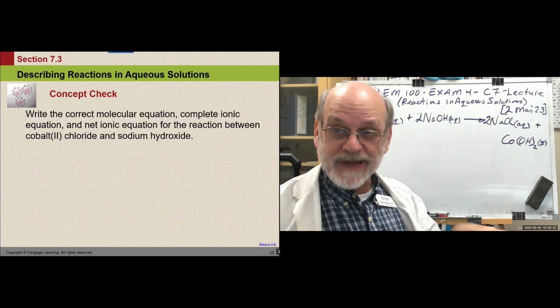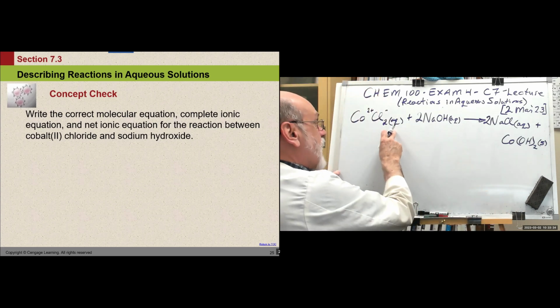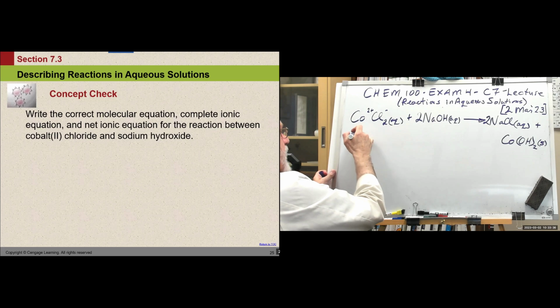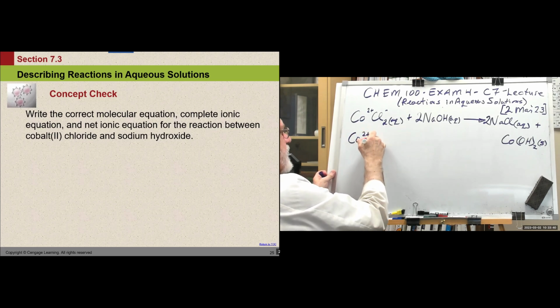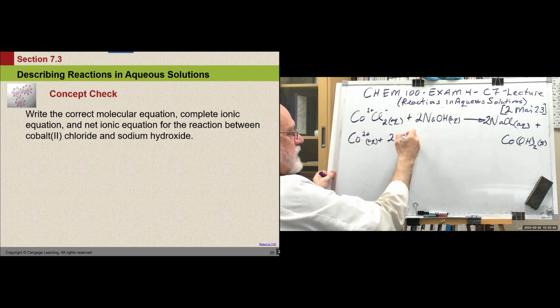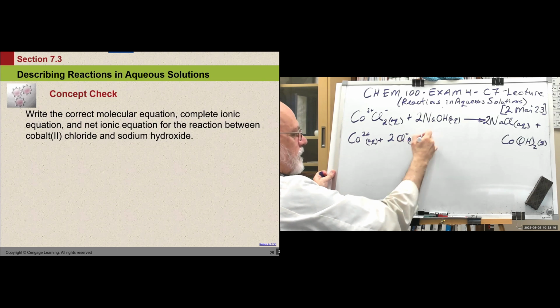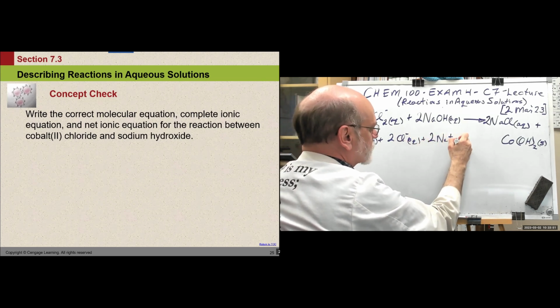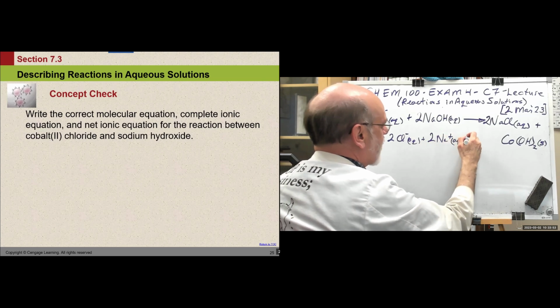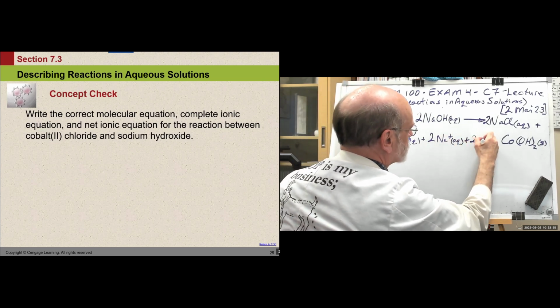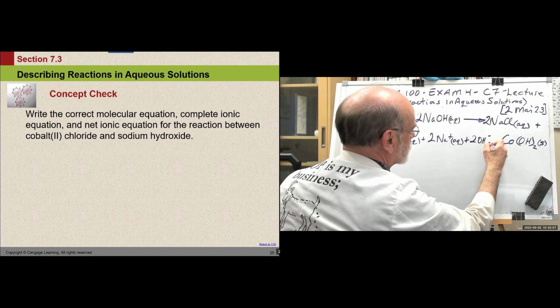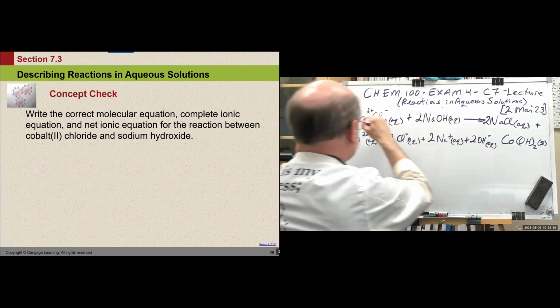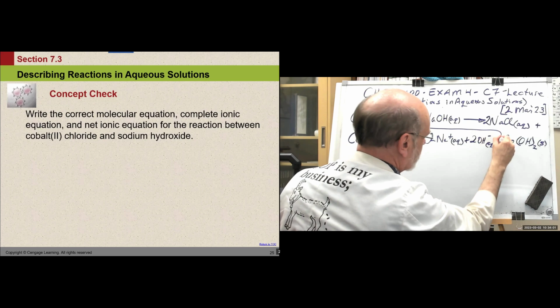Now, what do we do to make ions? Well, this one's soluble. So we have 1 cobalt 2+ ion in aqueous solution. We have 2 chloride ions in aqueous solution. We have 2 sodiums in aqueous solution. And we have 2 hydroxides in aqueous solution. Let's see, we need to separate these right here like that.